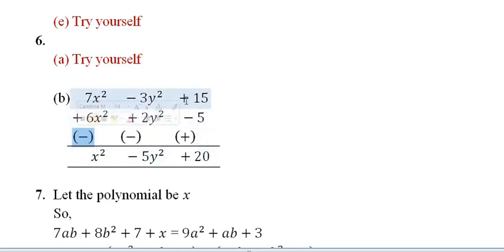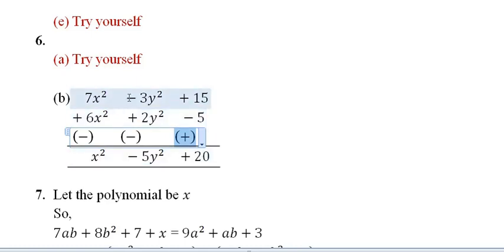So you have to perform the mathematical operation according to the changed sign. Ignore the previous signs, focus on the new signs now. So plus 15 plus 5 will be 20.